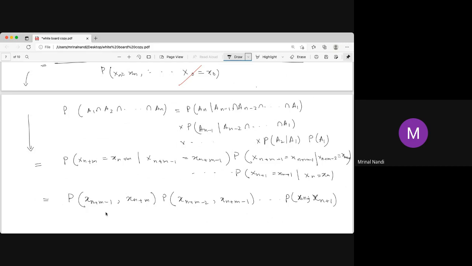Now you can write it in the reverse way, which will give a better idea: the probability of x_n to x_{n+1}, into the probability of x_{n+1} to x_{n+2}, dot dot dot. The last one is the probability of x_{n+m-1} to x_{n+m}.